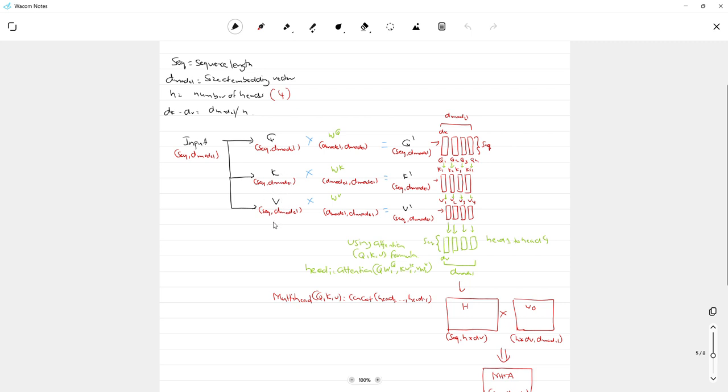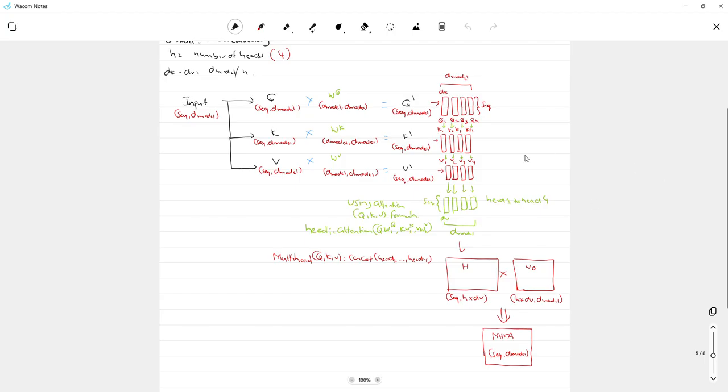Each of these matrices is then multiplied by a different learned weight matrix, WQ, WK, and WV, all of size d_model by d_model. This results in 3 new matrices Q prime, K prime, and V prime, each with dimensions sequence length by d_model. These projections allow each head to focus on a different aspect of the original embedding space.